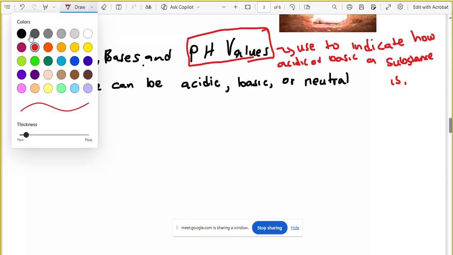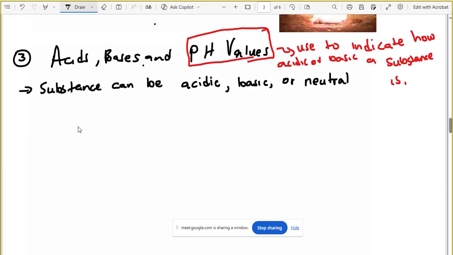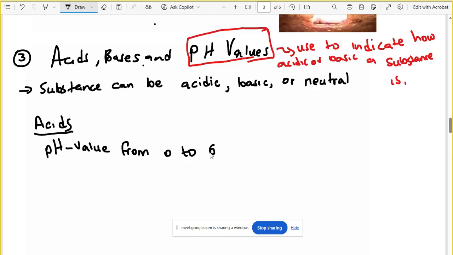Okay. So I'll definitely give you the list. For acids, the pH value should be from 0 to 6.99. Then we say that this is an acid, and most acids are acidic.